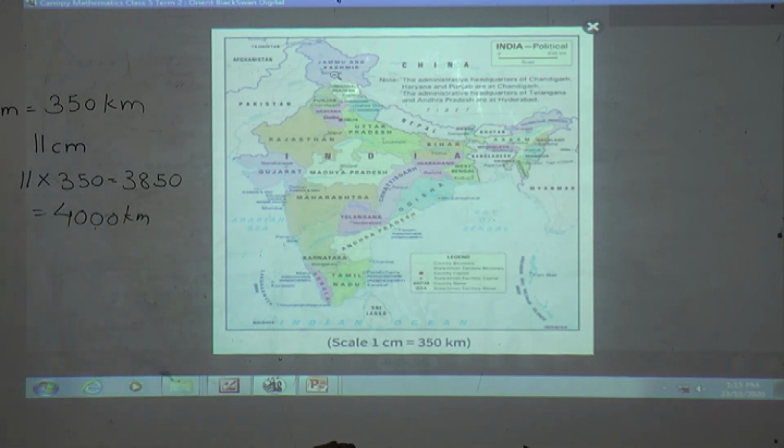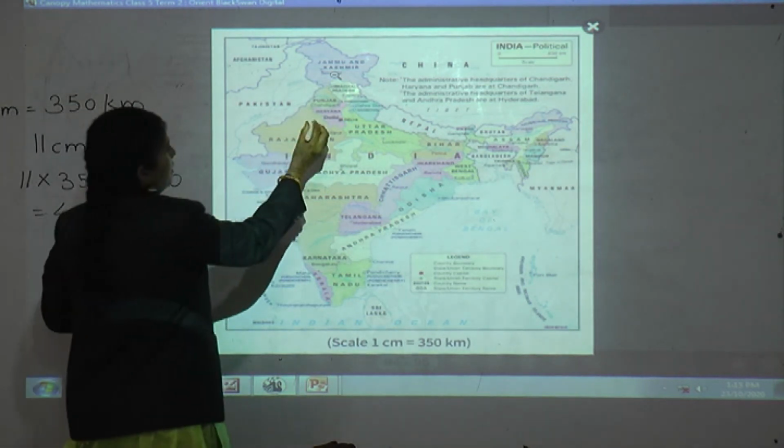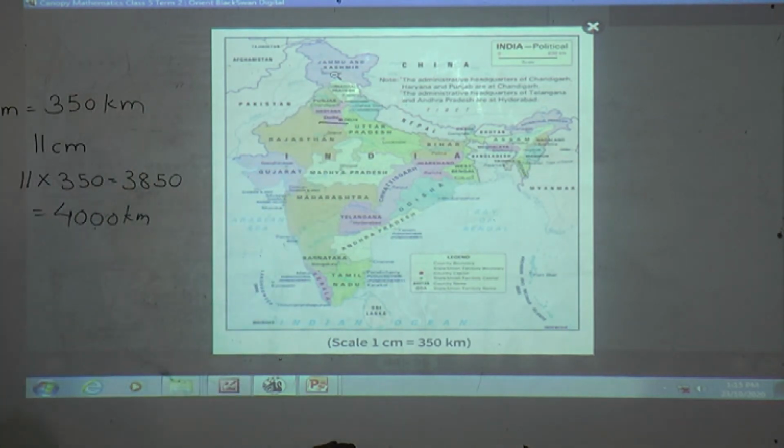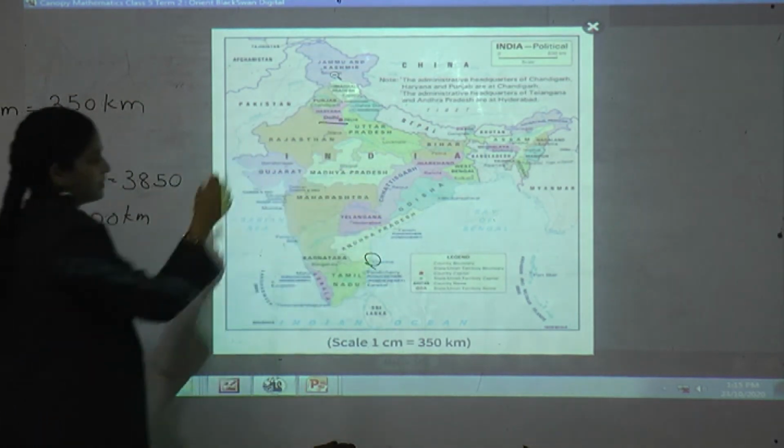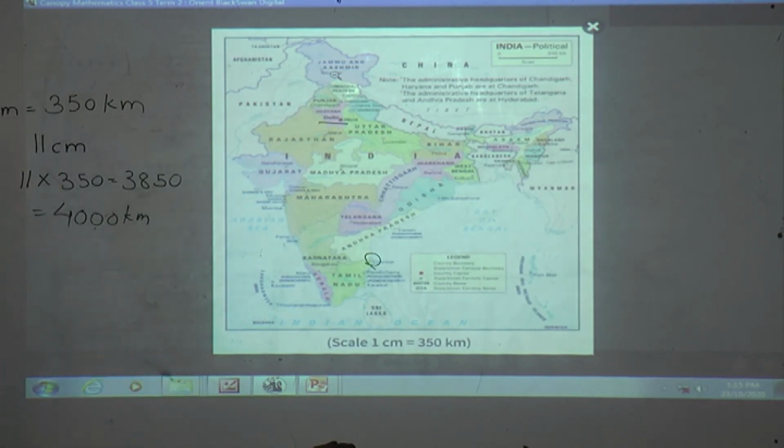Now, what is the flying distance from Delhi to Chennai? See, where is Delhi on the map? Yes students, here is Delhi. And again, what have they given? Chennai. See, where is Chennai? Yes students, here is Chennai. So for the flying distance, just count with the help of a scale. You will get 6 centimeters.